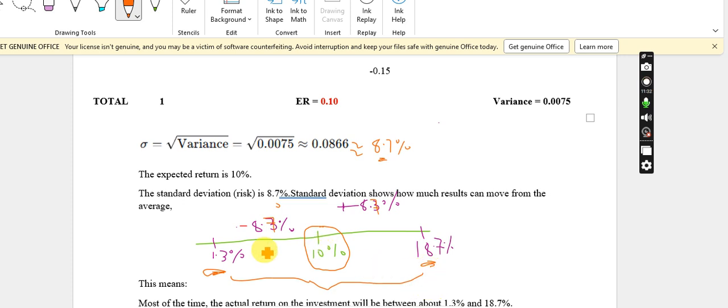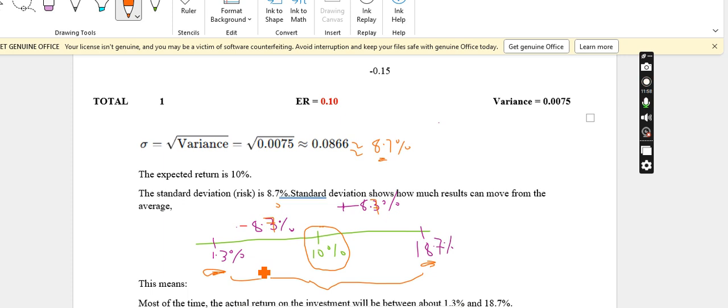You might get a return of 2%, you might get a return of 12%, 11%, or 1.5%. It gives you an idea of what range you can expect your returns to be in. Colleagues, we now have an idea of what range we expect our returns to be in.